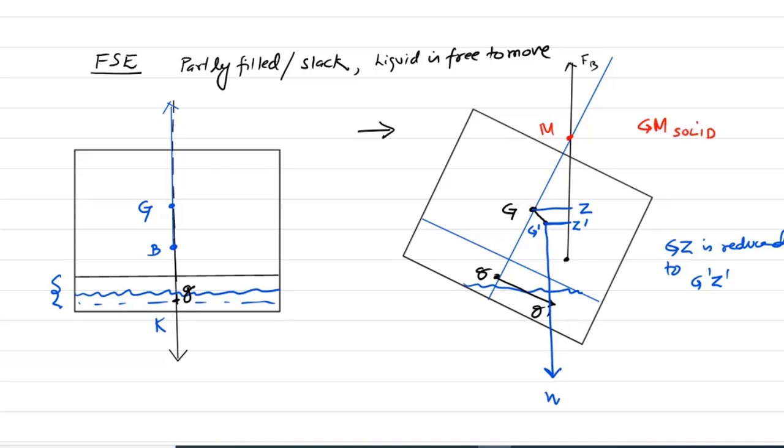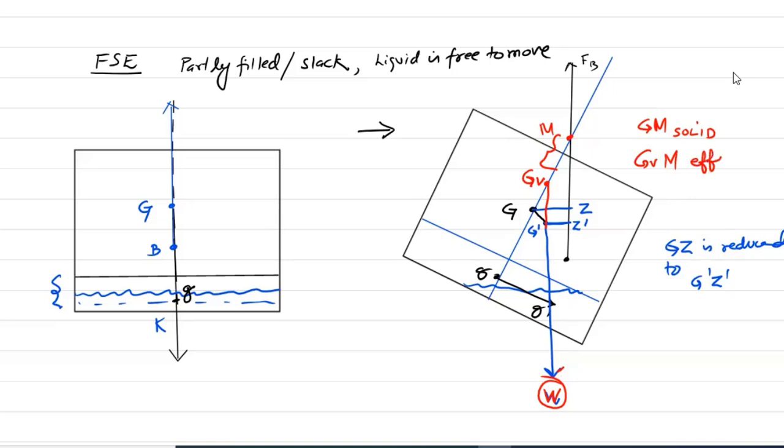But now this has shifted, so this is vertical. This GM is shifted. Since this is your W, the effective GM is this one only, GVM.